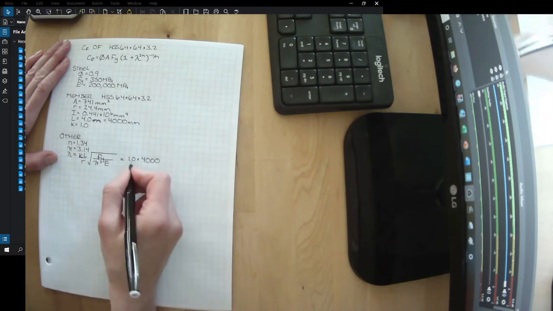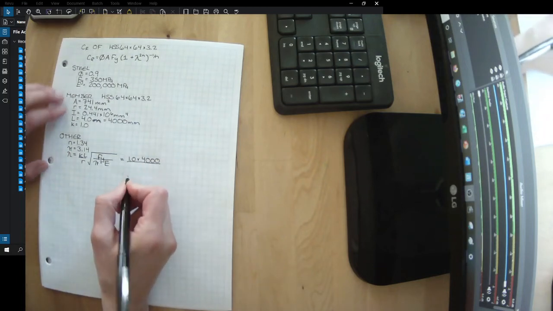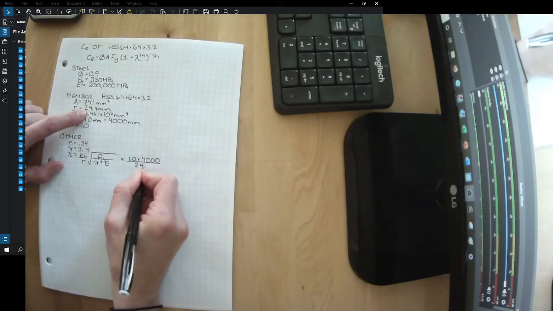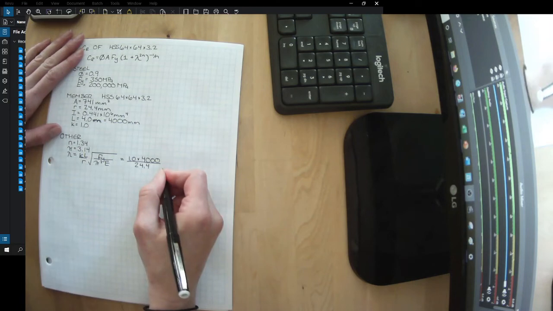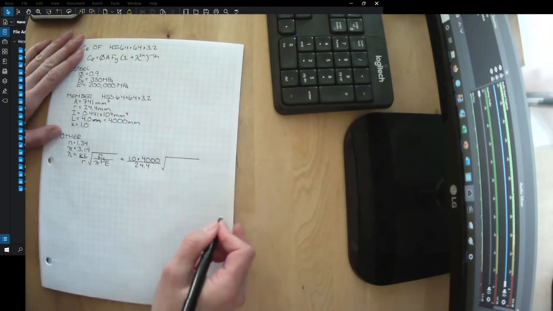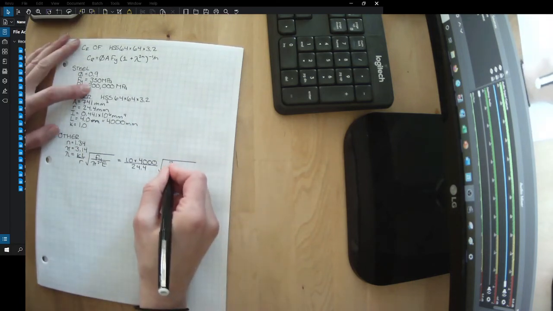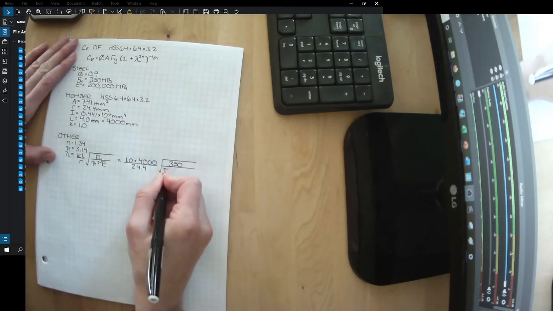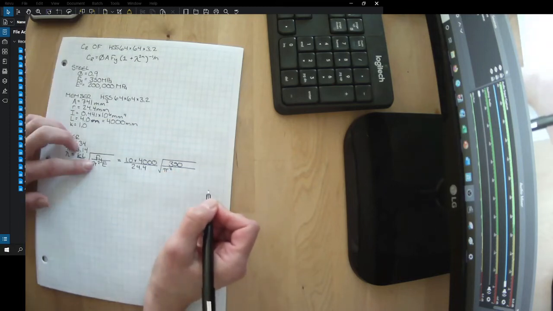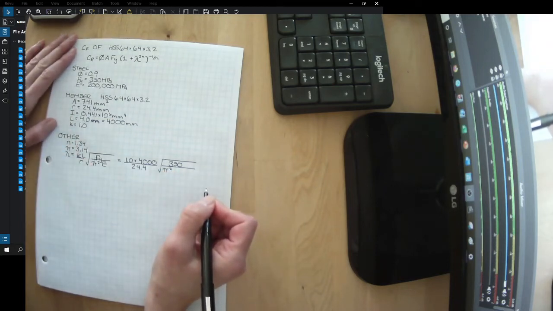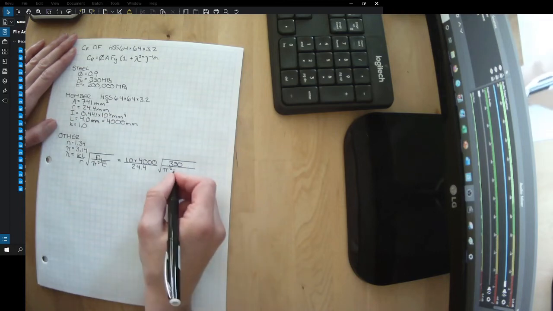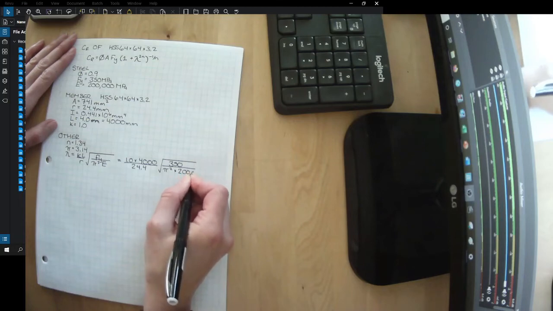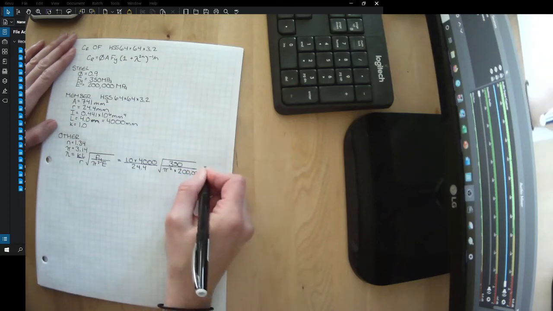So we've got KL divided by R. Well, R we know, we looked that up from the member properties. It's 24.4 times the square root of Fy, which is 350, divided by pi squared. We can use the button for pi, or we can type in 3.14, it's up to you, times 200,000 MPa.